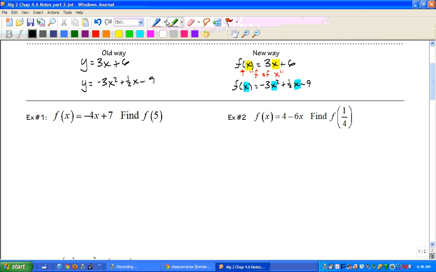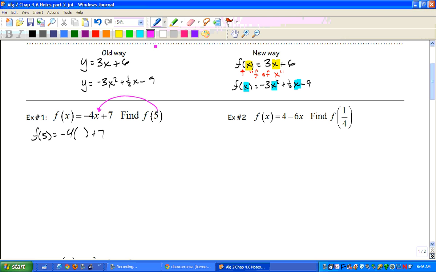So what they're saying here is the function f of x equals -4x plus 7. Find f of 5. What you're going to do with that 5 is plug it in for x. The way you would write that would be f of 5 equals -4 times 5 plus 7.